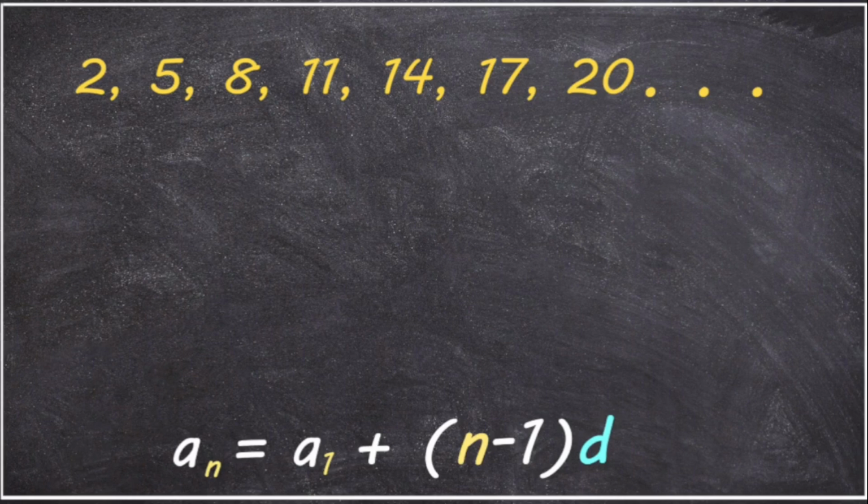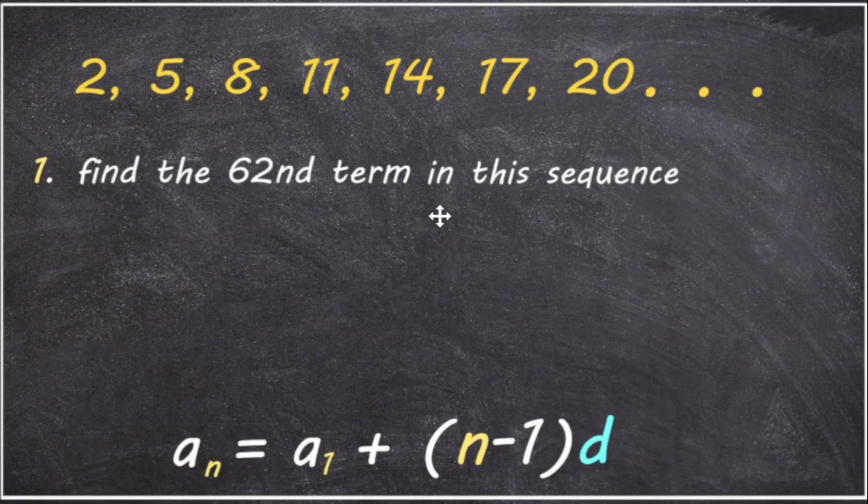Here's a couple of questions to try. Find the 62nd term in this sequence. So n equals 62, and we're looking for the value of the term a62, and that equals a1, which is 2, the value of the first term, and then we're adding, well, n is 62, so n minus 1 is 61.